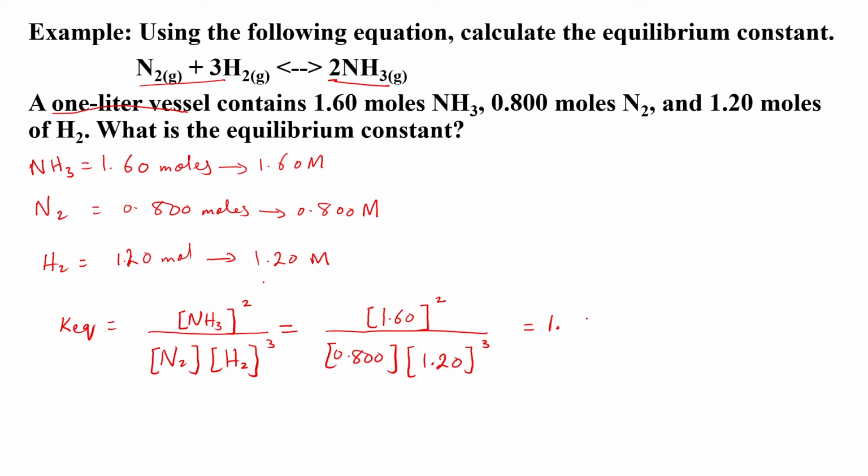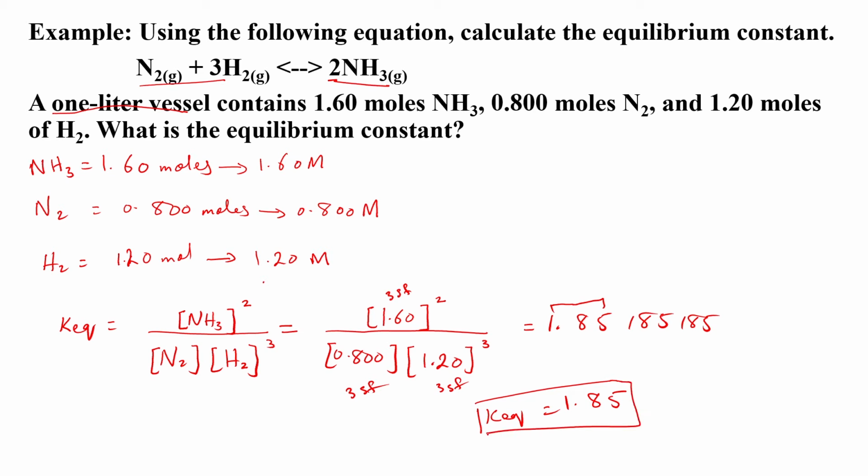So I have 1.85. And how many sig figs do we need? We have 3 sig figs here, 3 sig figs here, and 3 sig figs here. So your answer is going to be up to here, and you will give 1.85 as the K equilibrium. You are not going to write down any unit with it. This will be the answer.